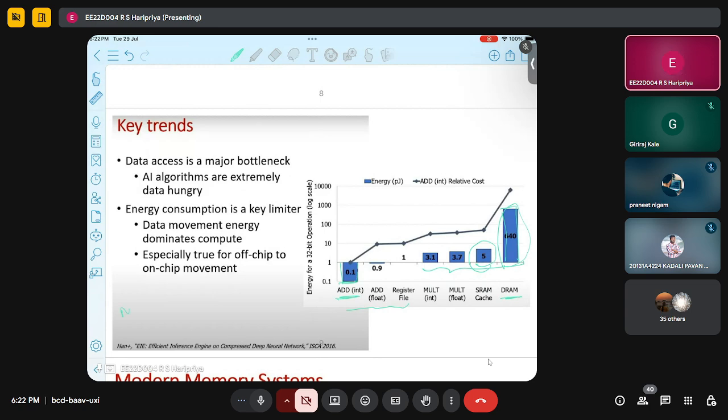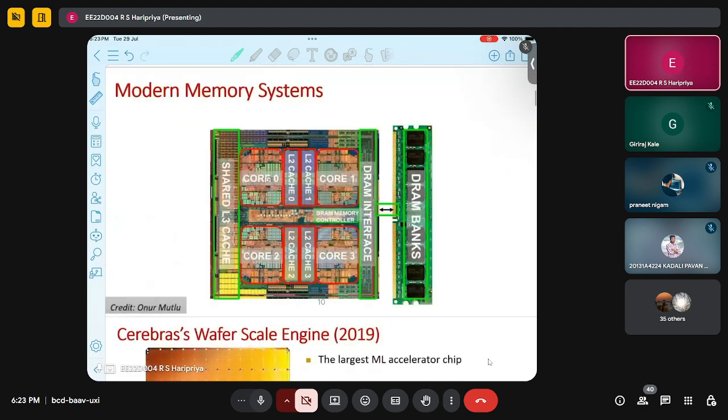So if the memory access increases, energy will increase, heat will increase, and we also need cooling systems. In modern memory systems, every core internally consists of an L1 cache and also an L2 cache.